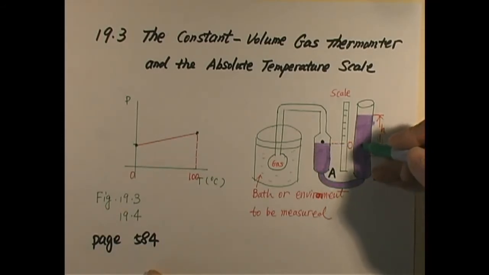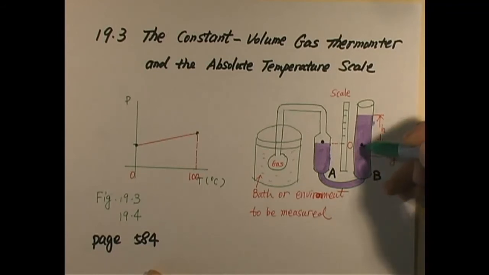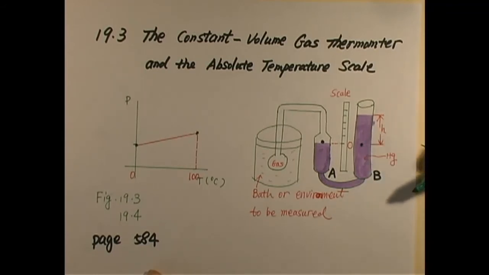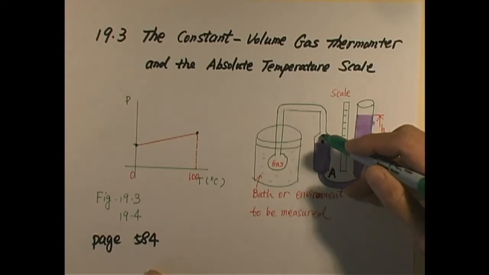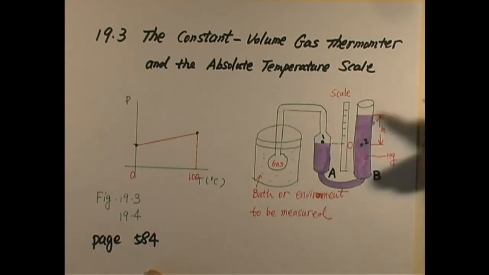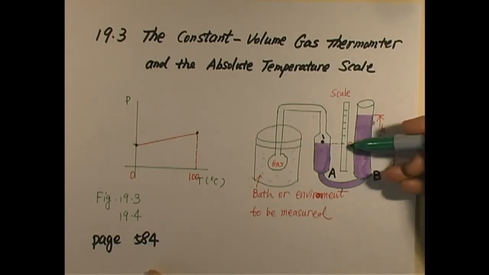On the other hand, this is the U-tube, and the liquid mercury is connected. So at the same horizontal level, the other point right here has the same pressure. Say we name this point 1, and that is point 2. Point 1 and 2 have the same pressure because they're at the same horizontal level and the mercury is connected.